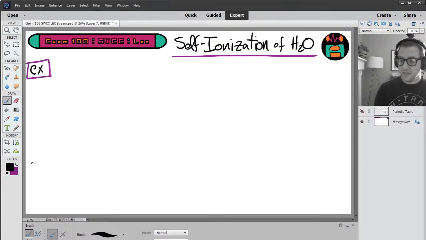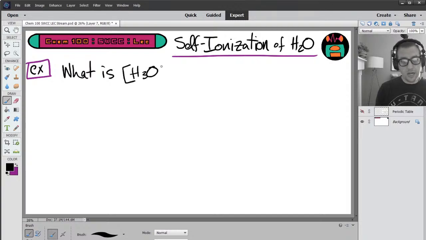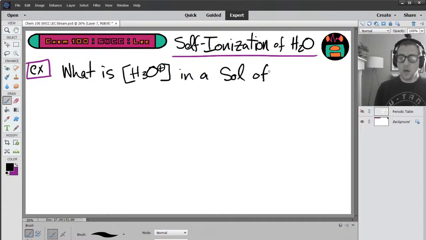All right, we can solve problems like the following. What is the molarity of hydronium in a solution of 0.100 molar NaOH?